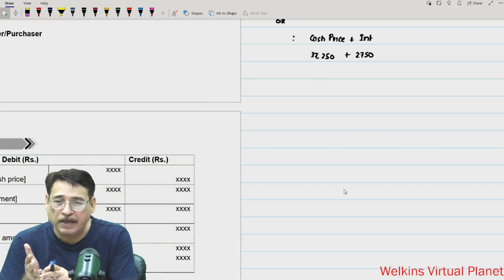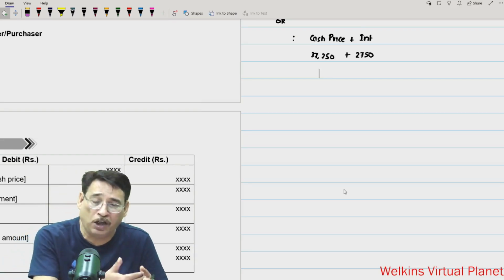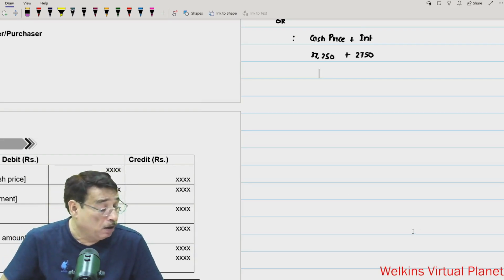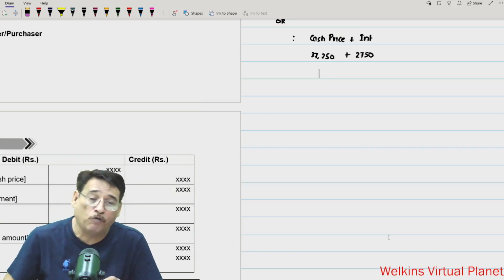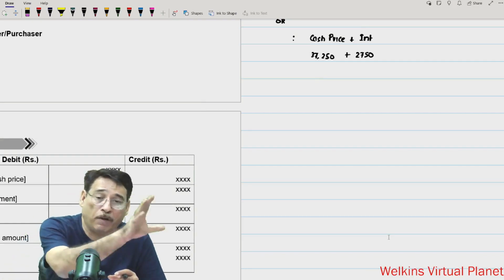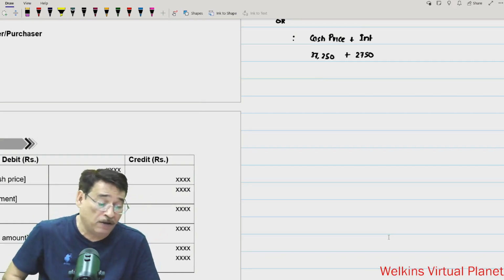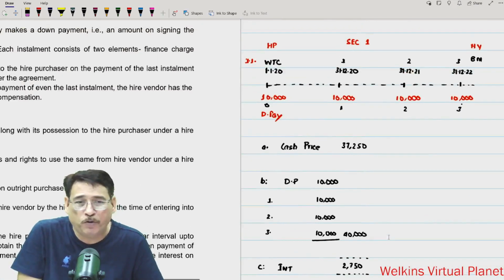I have now explained the theme of this particular chapter, that ultimately we will have to find out what portion we are paying for cash price and what portion we are paying for interest. So in this question, basically we are supposed to learn the computation of interest payment.